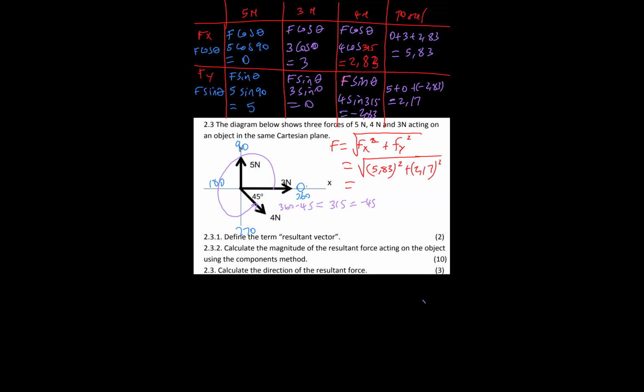You just press the calculator: square root of 5,83 squared plus 2,17 squared. The answer is 6,22 newtons. And you are done with the magnitude.